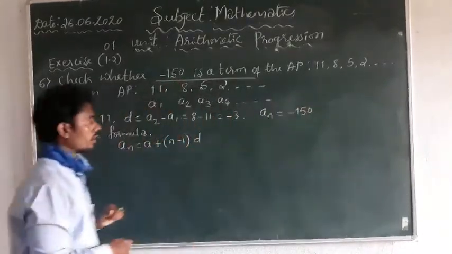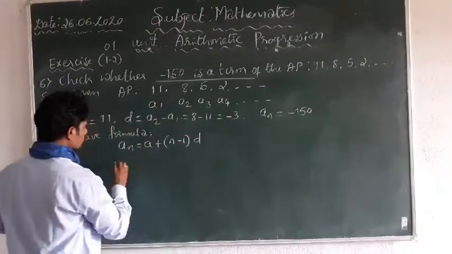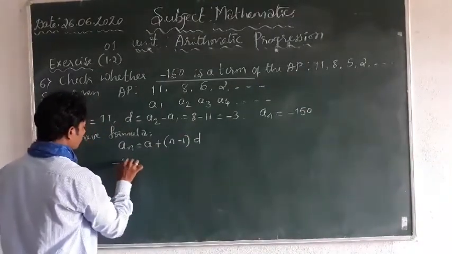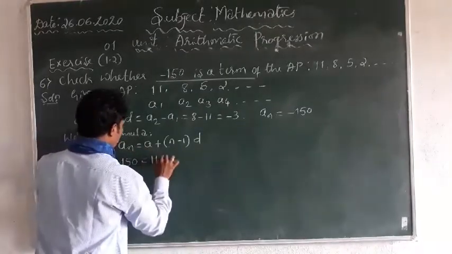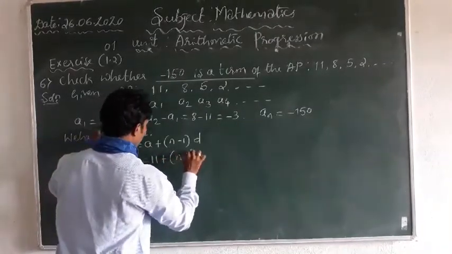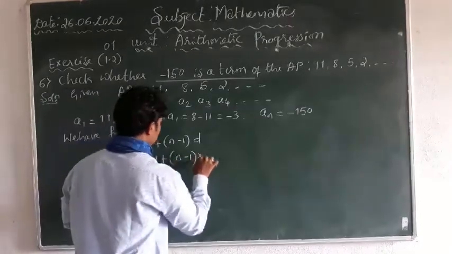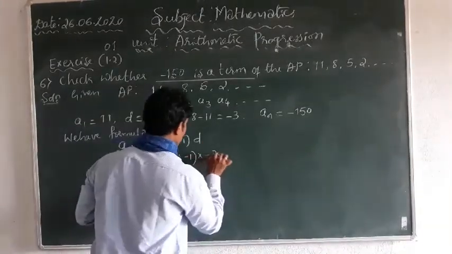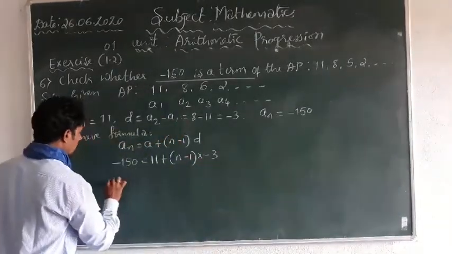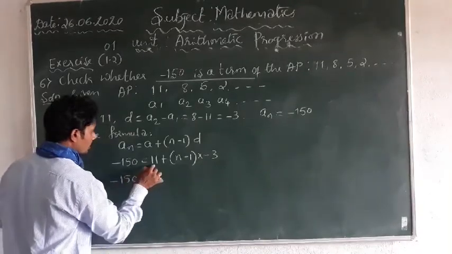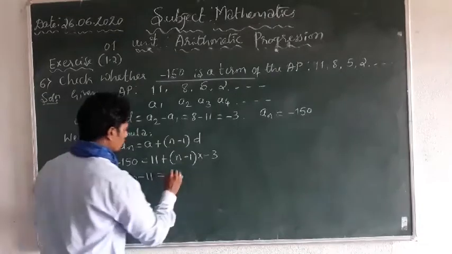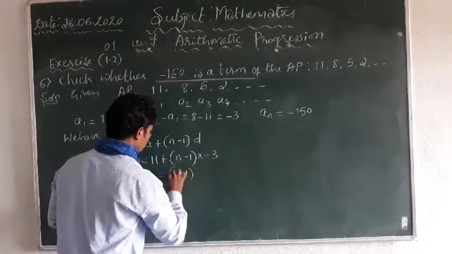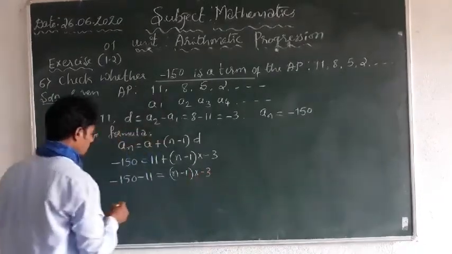So minus 150 is equal to the first term, 11, plus (n minus 1) into the difference, minus 3. Minus 150 minus 11, transposing, is equal to (n minus 1) into minus 3.